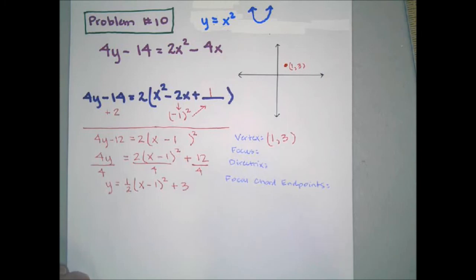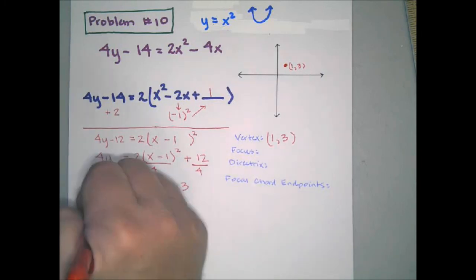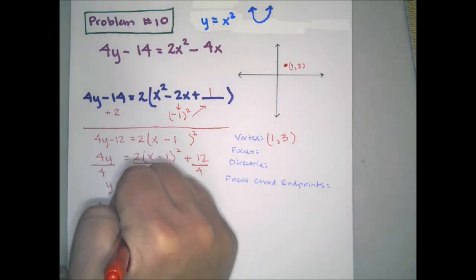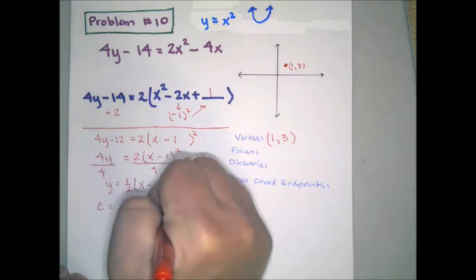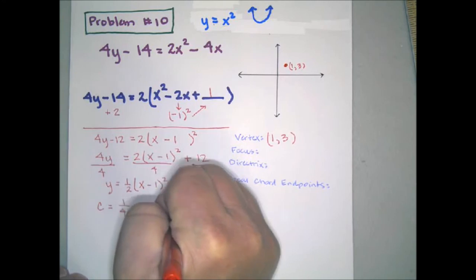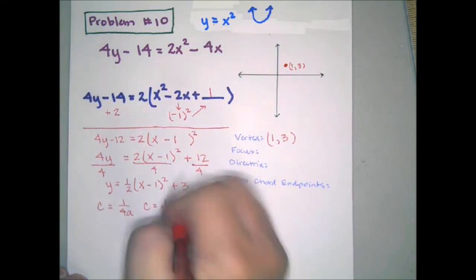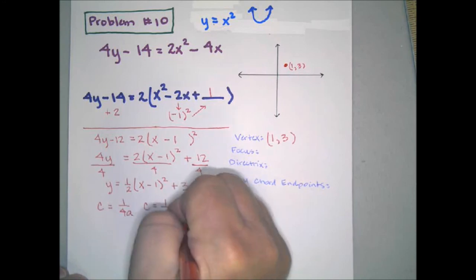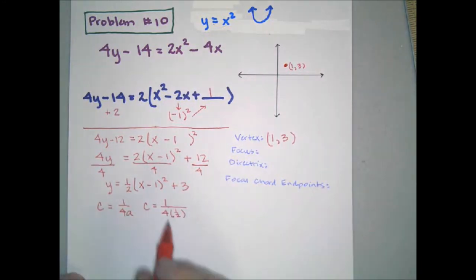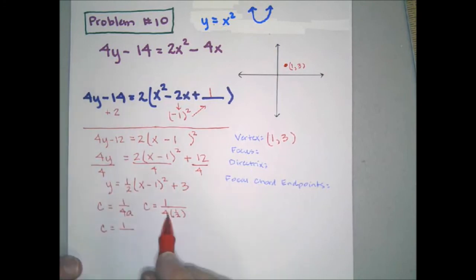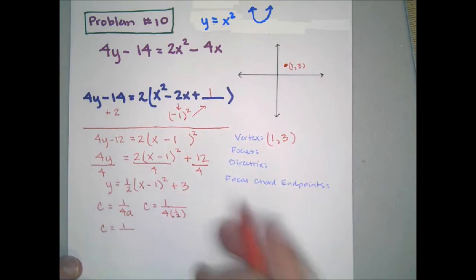Both of those things are contingent on the C value. So C equals 1 over 4A. C equals 1 over 4 times the A value, which is the leading coefficient, which is 1/2. So C equals 1 over, 4 times 1/2 is 4/2.